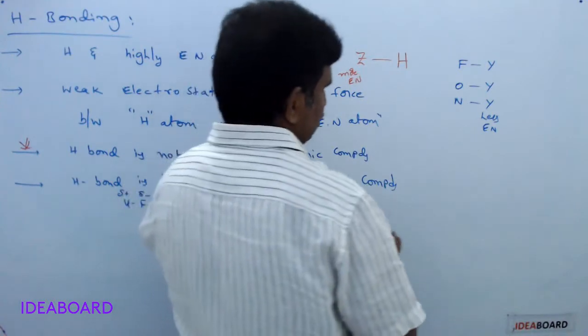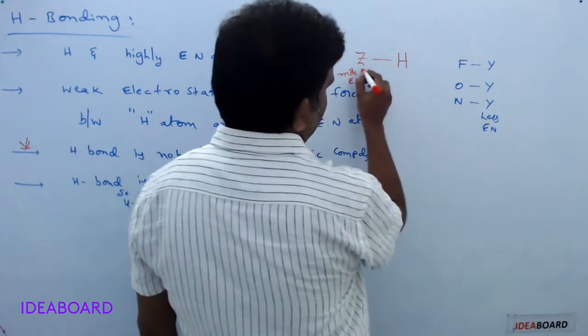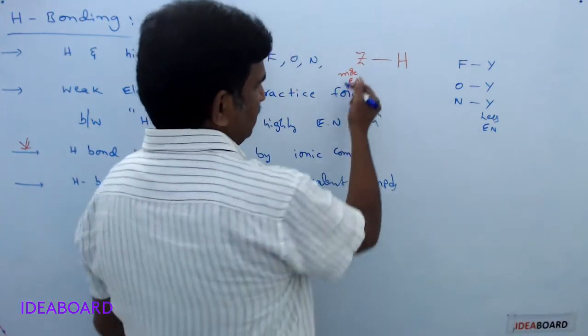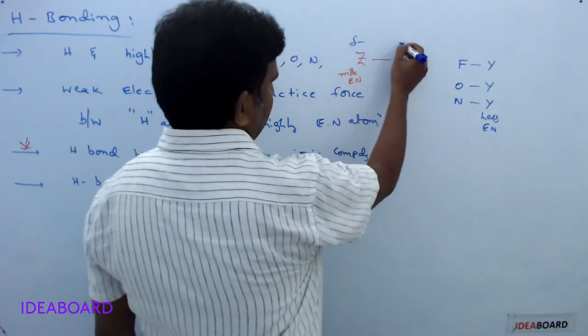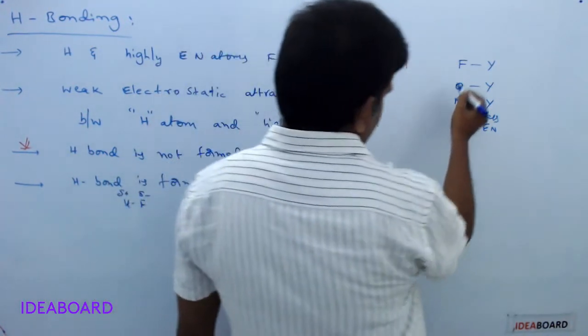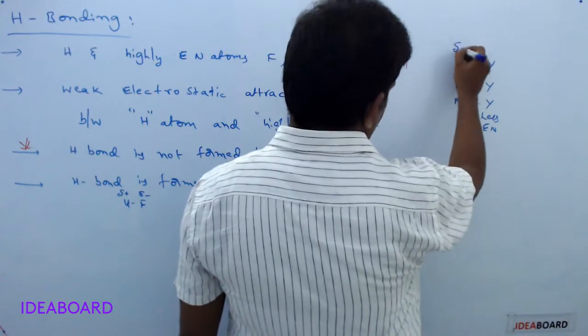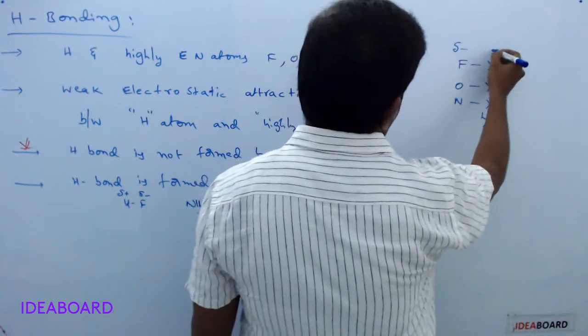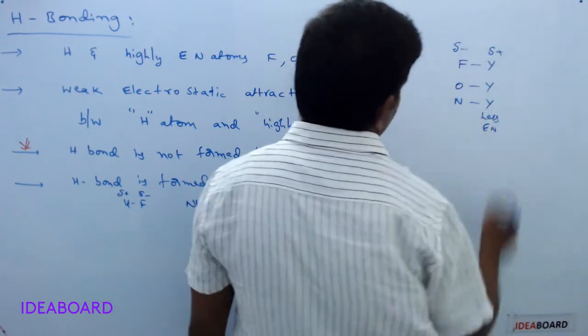So in between these two, hydrogen is bonded with a more electronegative atom, so it is partial negative and this is partial positive. These atoms are more electronegative, so they get partial negative and this is partial positive.